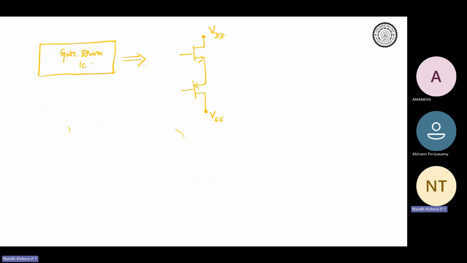So the idea is that from here you will take the gate connection output, you will give it to RG, right? And then it goes and connects to the power device.